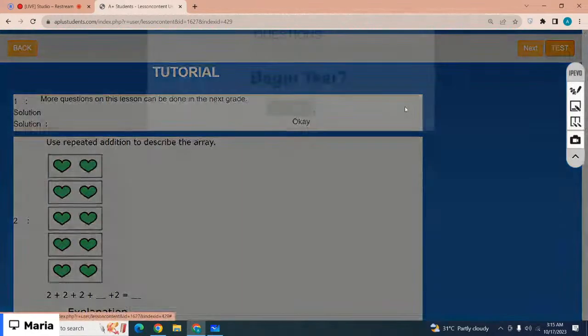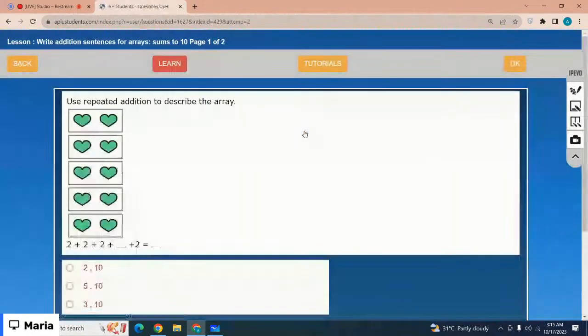Okay, let's see. So, which is the correct option? Use repeated addition to describe the array.